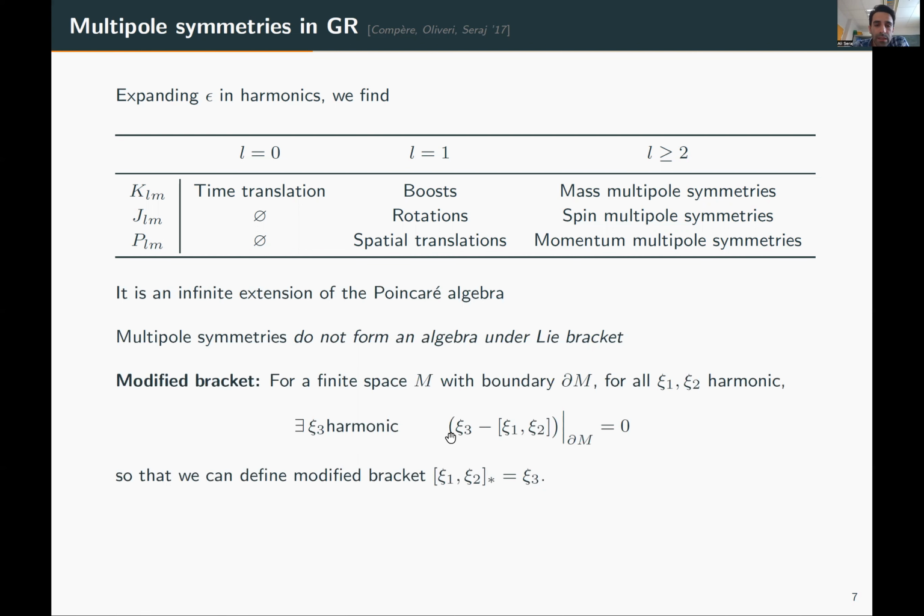For example, when the space has some finite boundary, you can show that although the commutator of two harmonic vectors is not a harmonic vector, it differs from a harmonic vector by some pure gauge, by which I mean a vector that vanishes at the boundary. So this way you can define a modified bracket which closes the algebra. The case where the boundary is asymptotic is more involved because you have divergences and so on.